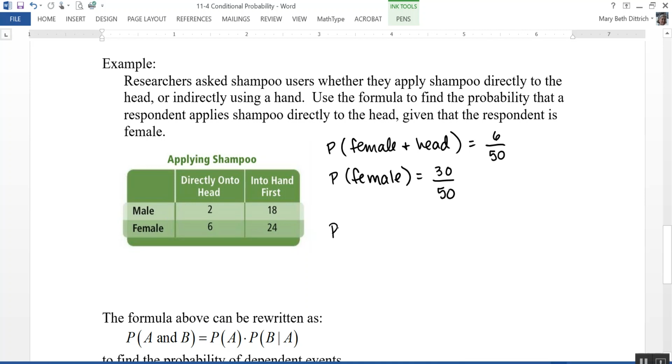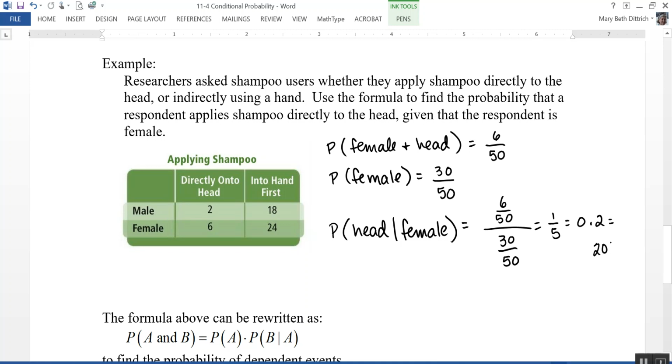So then the probability that the shampoo is applied directly to the head, given that the respondent is female, is 6 over 50 divided by 30 over 50. You can plug that into your calculator or write it out as division of fractions. That's 1/5, which is equal to 0.2 or 20%.